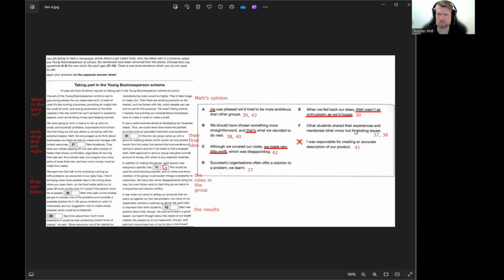So perhaps this is not the right moment yet, because in the text, it doesn't talk about problems. I'm not sure. Before the gap, it talks here about businesses. He encouraged us to think about businesses we might be able to create. If we say then, successful organizations often offer a solution to a problem.